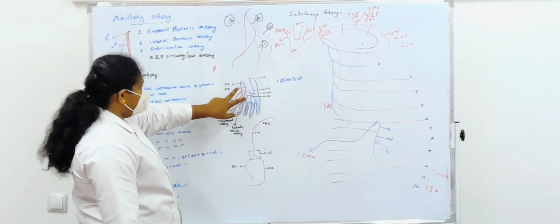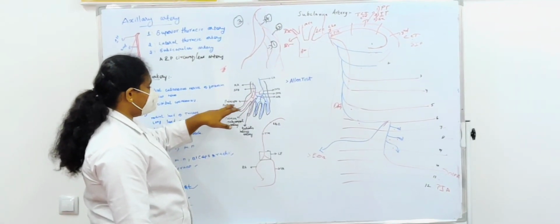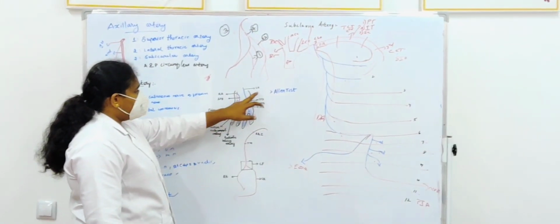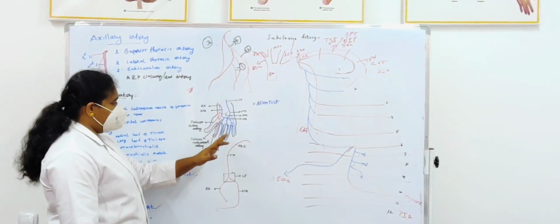Then the radial artery branches are the princeps pollicis artery and the radialis indicis artery. But the ulnar artery supplies blood to three and a half fingers of the skin.